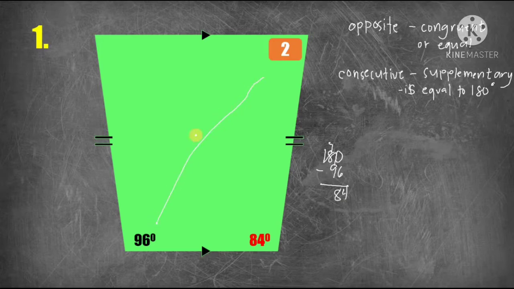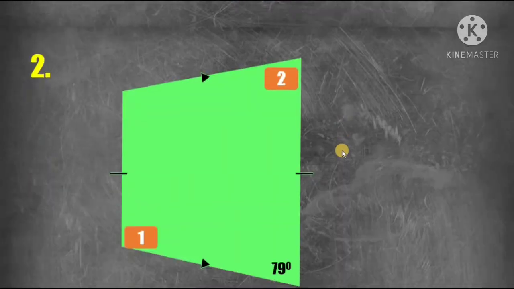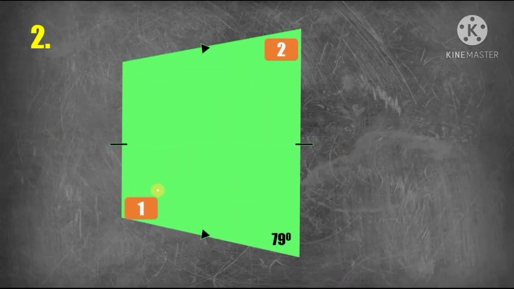If you add 96 plus 84, it equals 180 degrees. And as you can see, 96 degrees and number 2 are opposite. So opposite angles are congruent or equal. Therefore 96 is the answer.